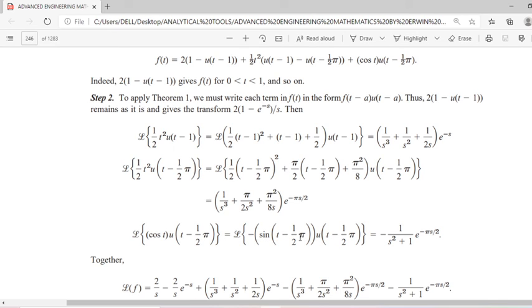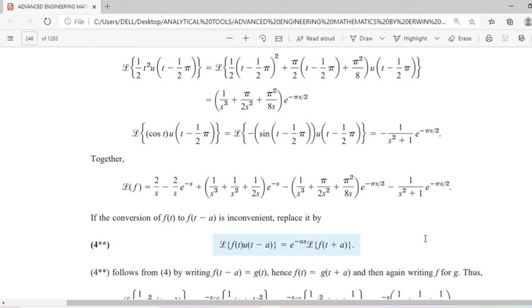Pi by 2 is 90, so cos of theta minus 90, that is a trigonometric formula, so we have applied that. Minus sine of t minus pi by 2 into u of t minus pi by 2. The Laplace of the sine function is minus 1 by s square plus 1 into e raised to minus pi s by 2. We can combine together and you will get this result.